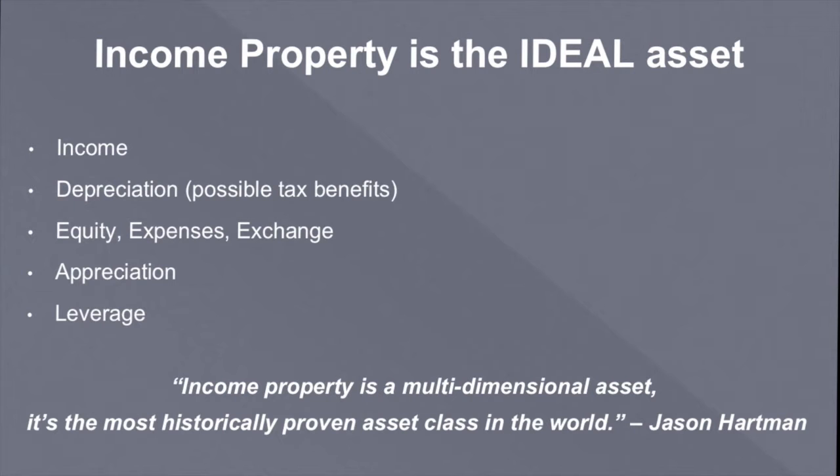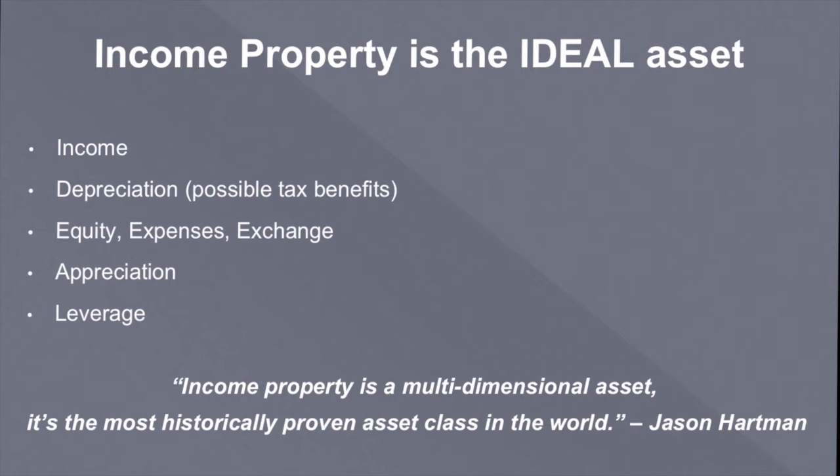The L is for leverage. As we've talked about in the course, Archimedes said, give me a lever long enough and I will move the entire world. So you get leverage. You can put only a part of the investment down. Say, for example, you put 20% down, you get to control an asset that is 5 times the price.